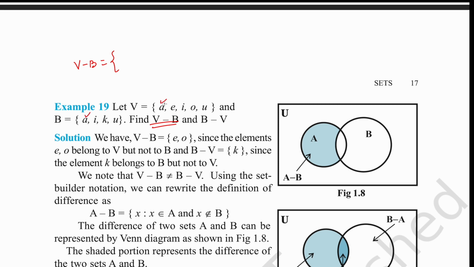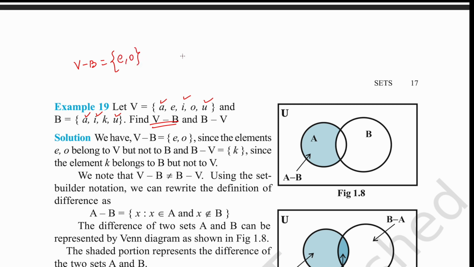You have A common in the two sets, I common in the two sets, and U common in the two sets. So V minus B will have all the elements inside V minus the elements which were common. So this will have only two elements, that is E and O.